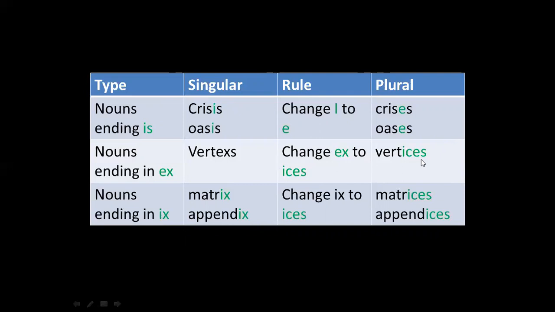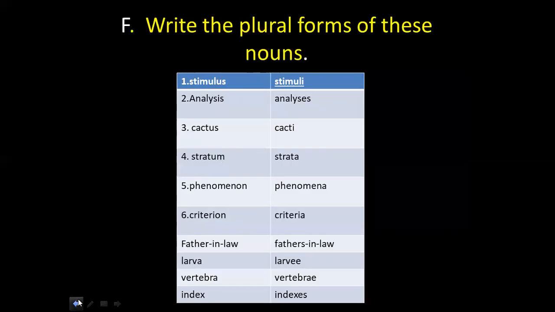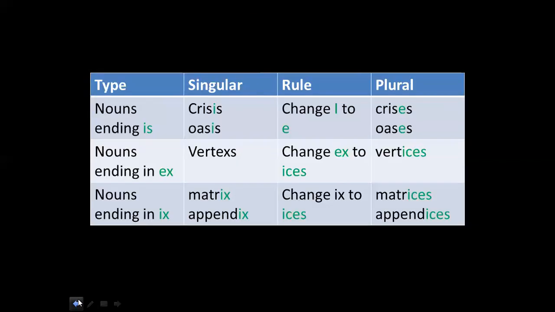Vertices. Here, I think this s is extra; the word is vertex. It is wrongly written there. So what we have said is nouns ending in ex, ex removed and changed into ices, vertices.